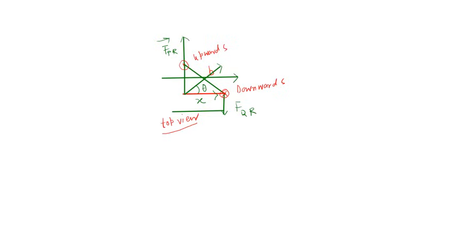So what is this X in terms of theta and B from this diagram? If this angle is theta, this angle must be 90 degrees. This angle, made by the normal with the surface, is 90 minus theta.